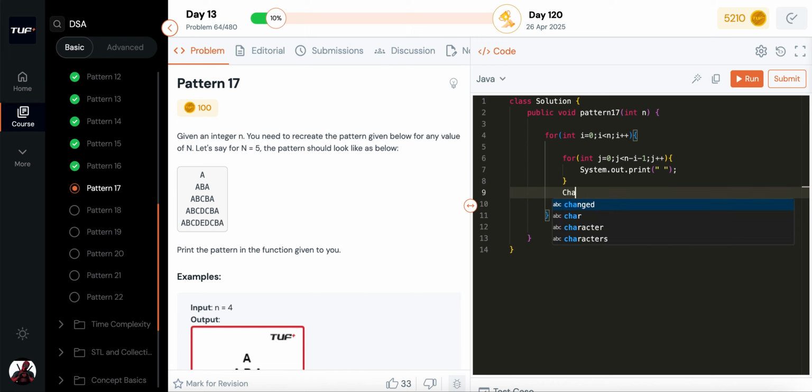So let me print out the character, ch is equal to A, and then we need a breakpoint after which we should be able to reverse the characters. So we would do one thing.